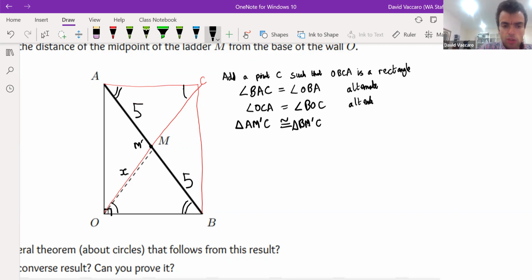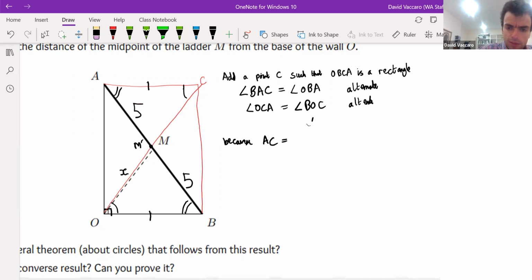But because this length AC is equal to OB, wait a minute, sorry, I've labeled up my, so let's get my similar triangles right.